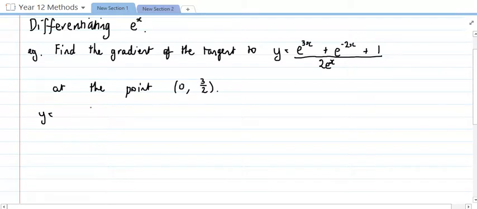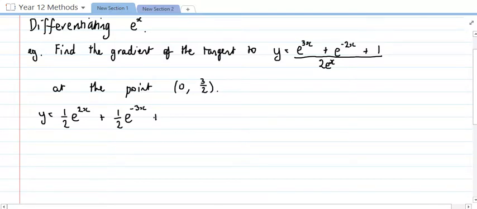We minus the powers when it's being divided, so I'm left with half e to the 2x plus, then I have e to the negative 2x divided by 2e to the x, so again minusing the powers, I'm going to have half e to the negative 3x. If you're wondering where the half is coming from, it's because I have one of these divided by two of these, so it's 1 divided by 2 at the front, which gives the half.